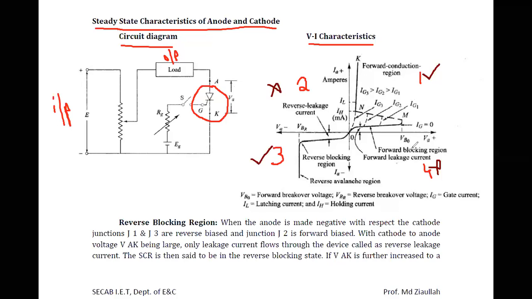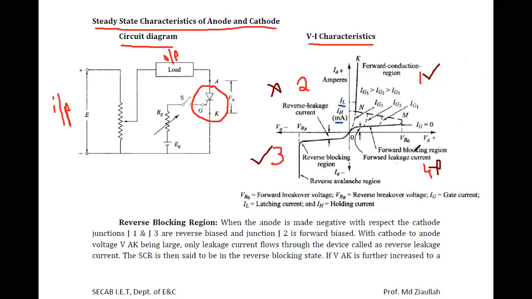One more important thing to study in this graph is: what is the forward conduction region, what do you mean by forward blocking region, and what do you mean by forward leakage current? And we have the currents IL and IH, which are the latching current and the holding current. Here you can see below the abbreviations are written.